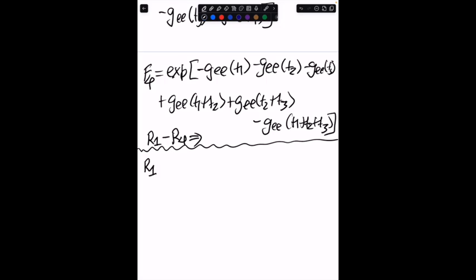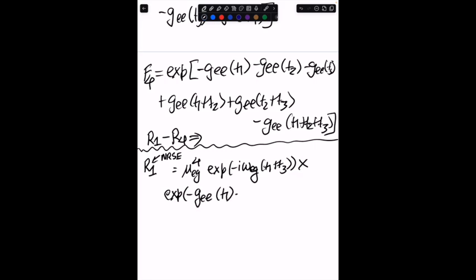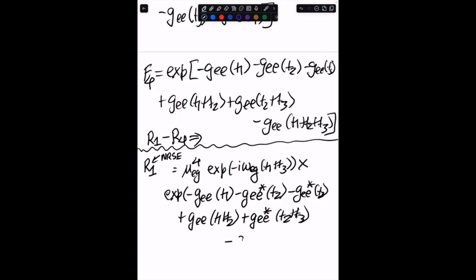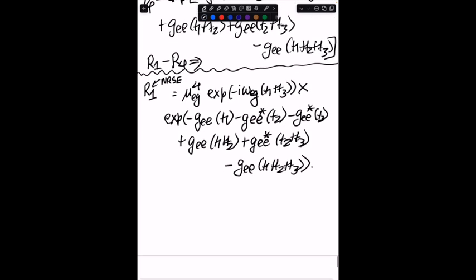So R1, which is your non-rephasing stimulated emission for your two-level system, is equal to mu_Eg to the power 4, which is your oscillator strength squared, exponential of minus i omega_Eg (T1 + T3) times F1, which we have an exact expression for, which is exponential of minus G(T1) minus G*(T2) minus G*(T3) plus G(T1 + T2) plus G*(T2 + T3) minus G(T1 + T2 + T3). So this is the complete expression for R1.